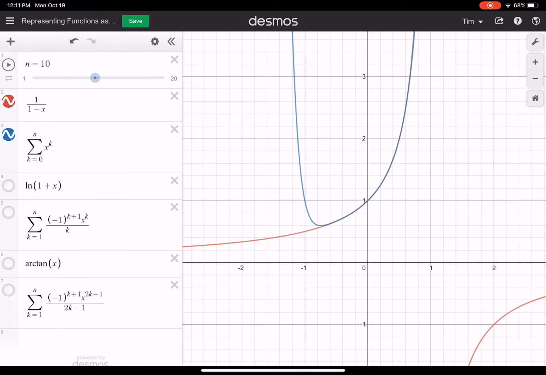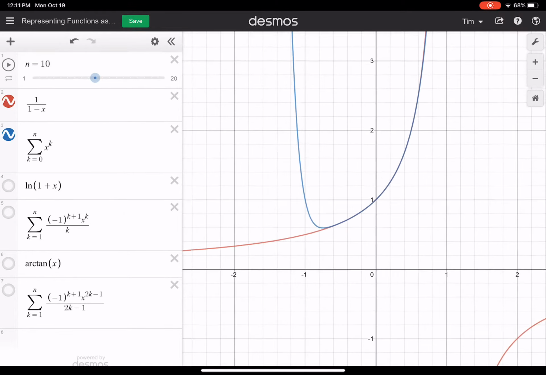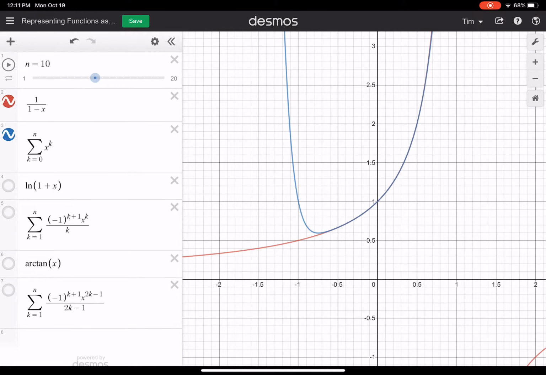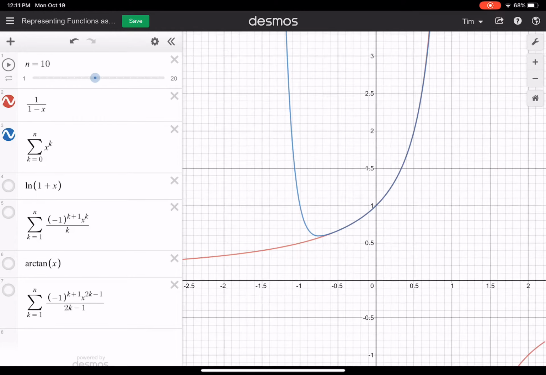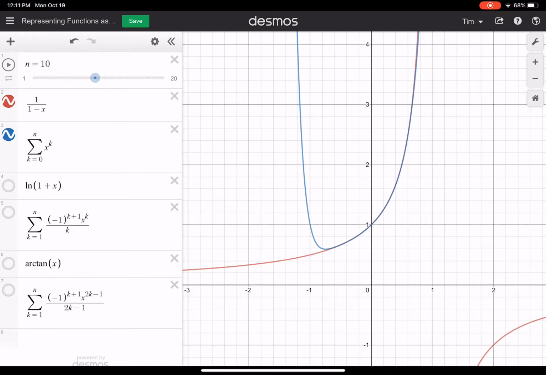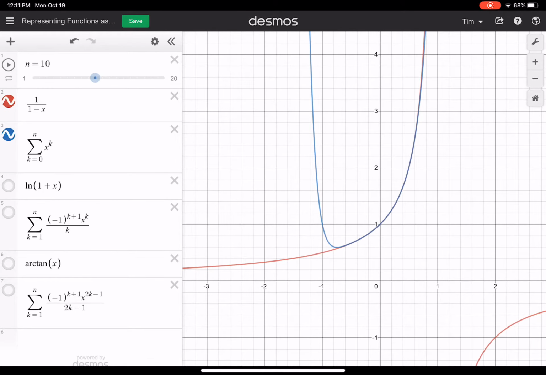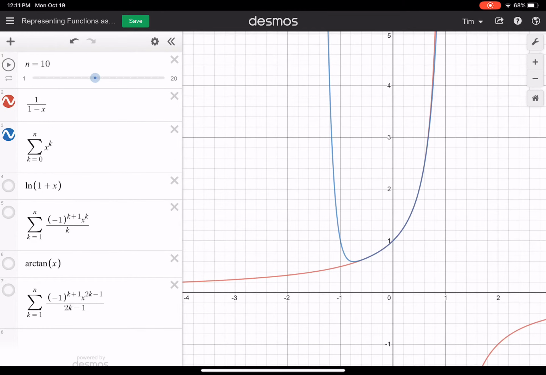And you can see here that the partial sum, 1 plus x plus x squared all the way to x to the 10th, is a pretty good approximation of 1 over 1 minus x as long as I stay between minus 1 and 1. You can see that as I get closer to minus 1 and 1, the blue curve diverges a little bit from 1 over 1 minus x.